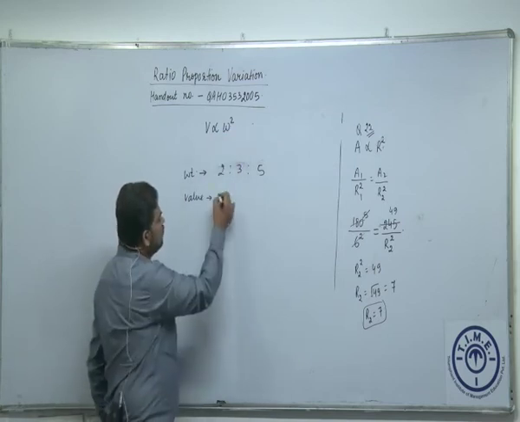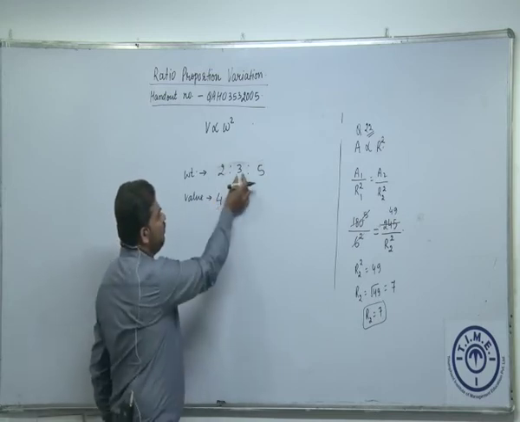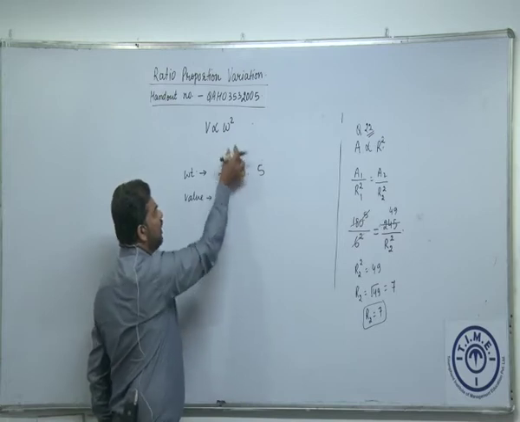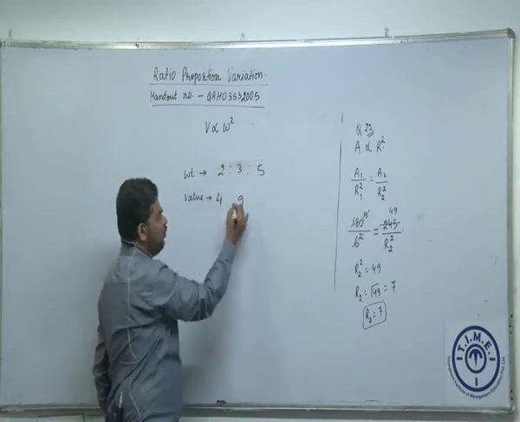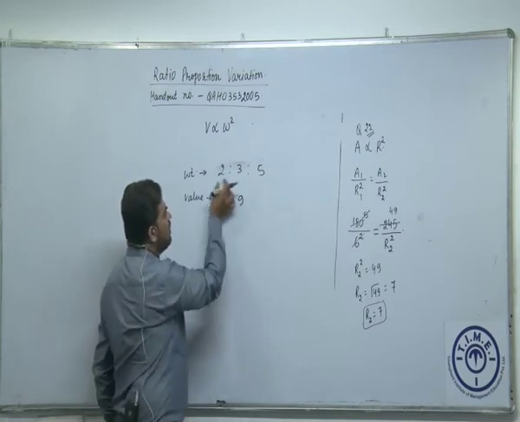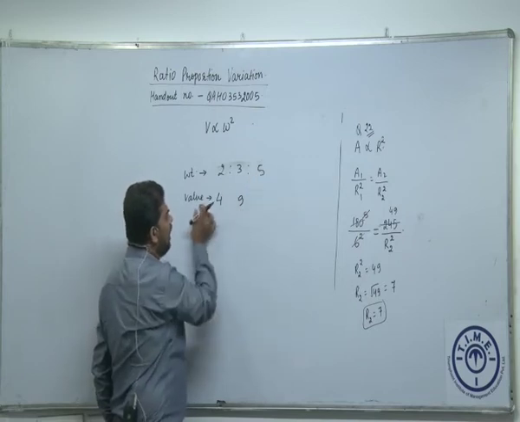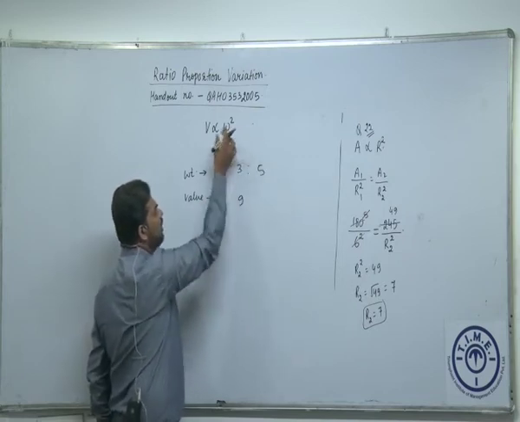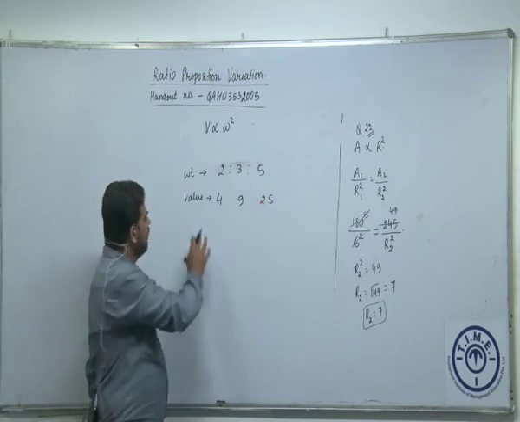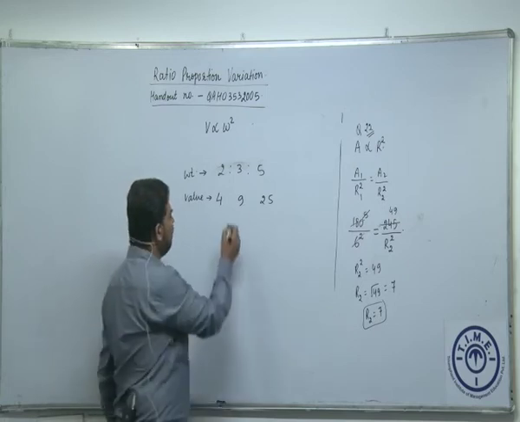Similarly, for the weight 3, the value must be proportional to 3 square, which is 9 ratio points. And for 5, the third part, the value will be proportional to 5 square, which is 25 ratio points. So the value will be in the ratio 4:9:25.